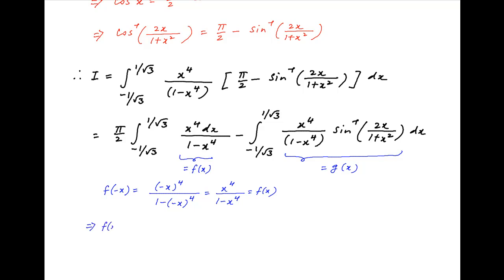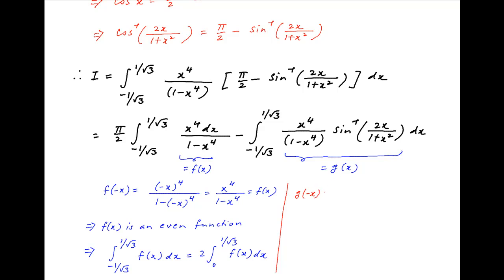In other words, f(x) is an even function. And so using properties of definite integrals, the value of the integral from minus 1 upon root 3 to plus 1 upon root 3 of f(x) dx is equal to 2 times integral 0 to 1 upon root 3 f(x) dx.